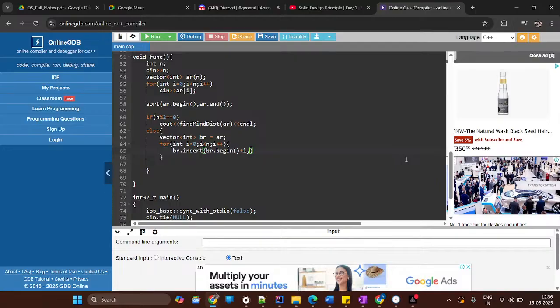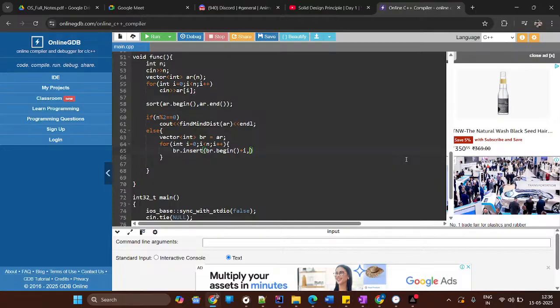So what are we trying to do? Whenever we insert at a position, we are trying to target the element next to it or previous to it. Let's say I have 1, 3, 5, 7, and then 11.